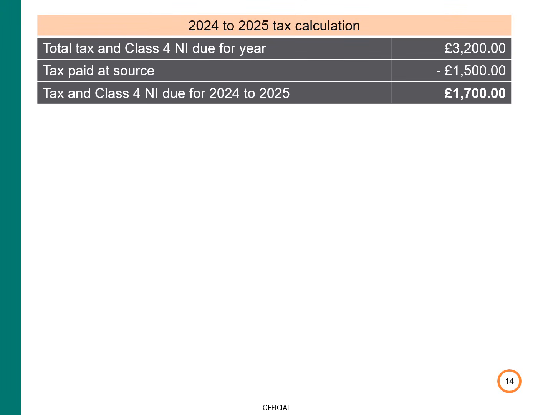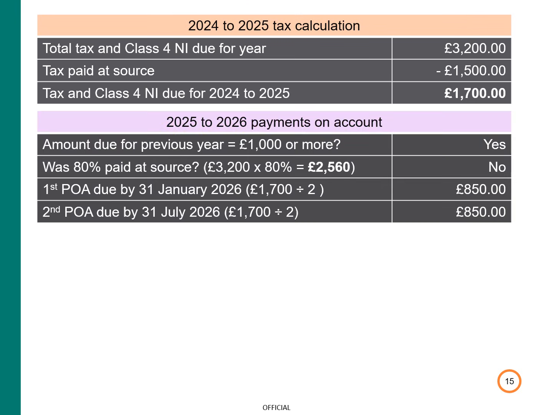So are payments on account due for the 2025 to 2026 tax year? Well, there is more than £1,000 tax and Class 4 national insurance due for the last tax year. Was more than 80% of the tax paid at source? 80% of the £3,200 tax due would be £2,560.